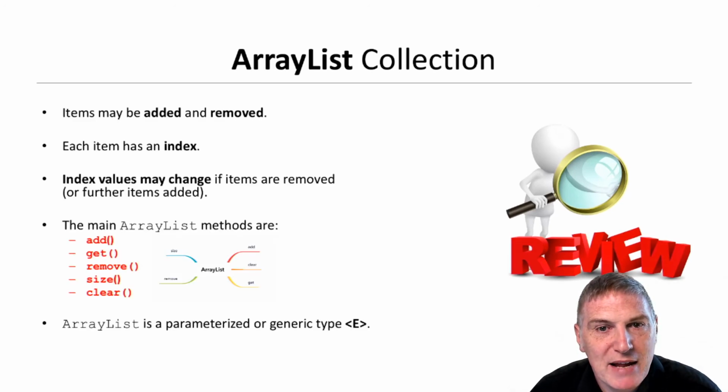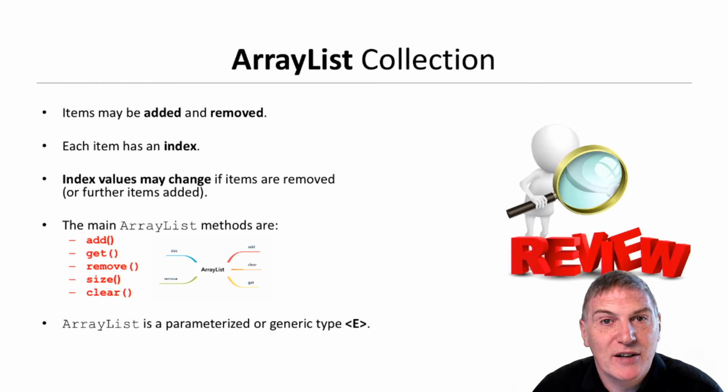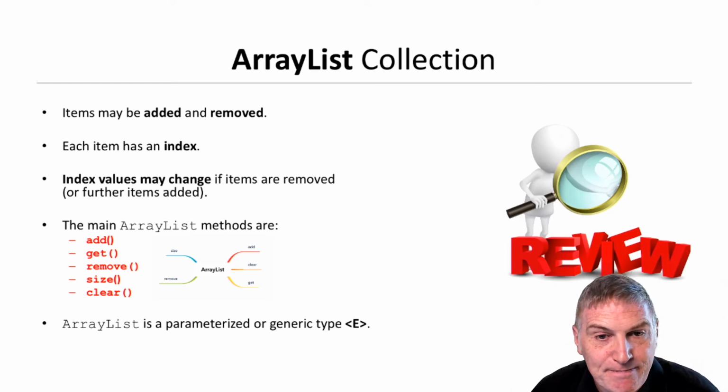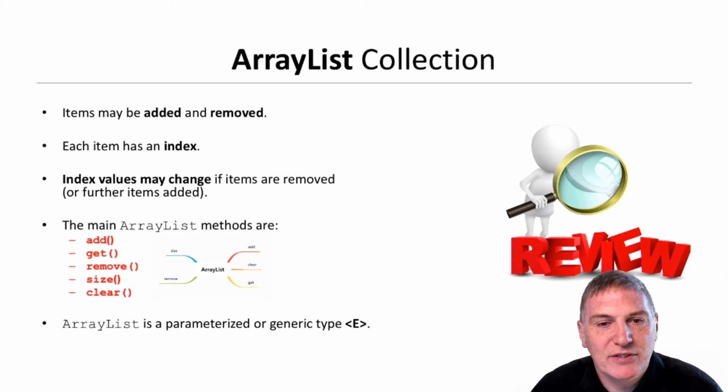In relation to the ArrayList collection, we said that items may be added or removed. Each item has an index, and that index may change if items are removed or further ones are added later. Main ArrayList methods, we identified 5. There are more, which you can find in the documentation, but the key 5 ones are add, get, remove, size, and clear.